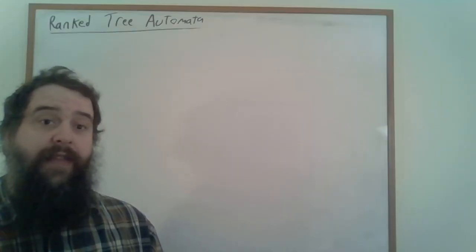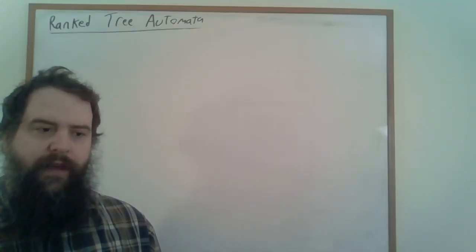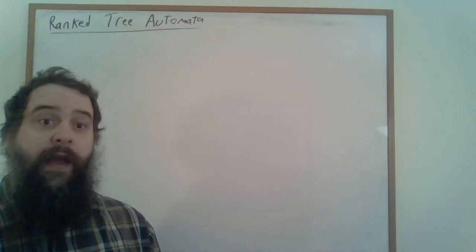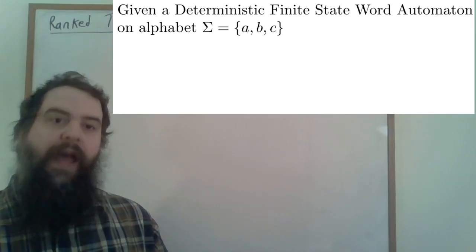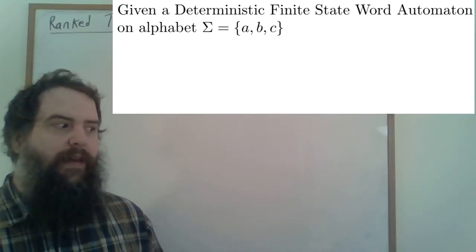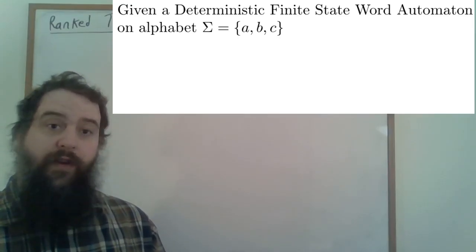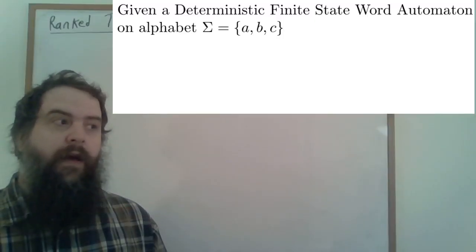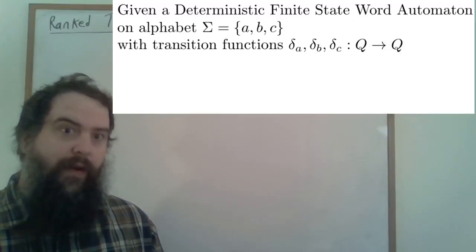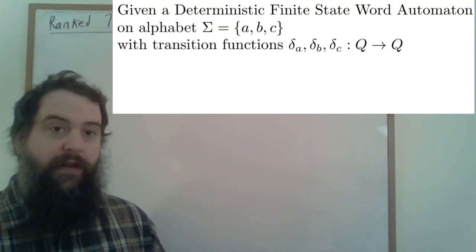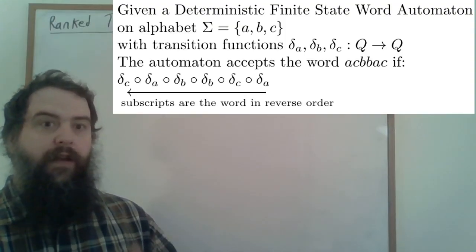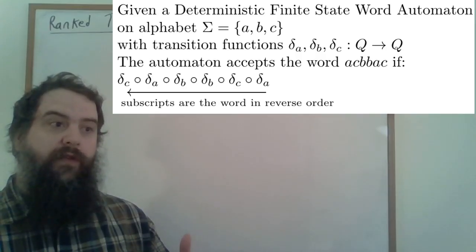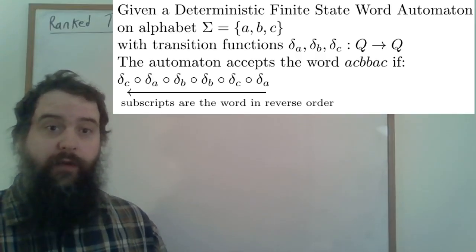The last thing I'd like to talk about in this video is a really nice, purely abstract characterization of the ranked tree automata. And this goes back to, if we think about ordinary deterministic word automata, we can think of each character as corresponding to some sort of function on the states, and then a word corresponds to some sort of composition of those functions.